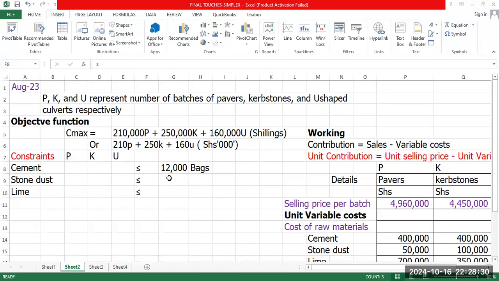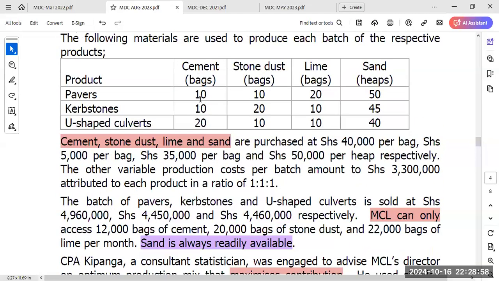Okay. What about lime? 22,000. 20,000. Okay. All of these are bags. Okay, now we start analyzing. These are the bags you need.